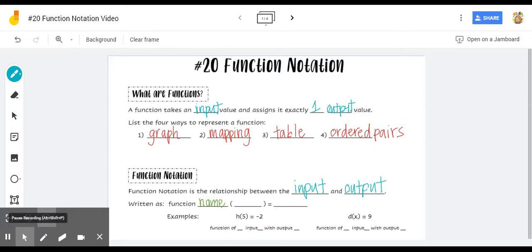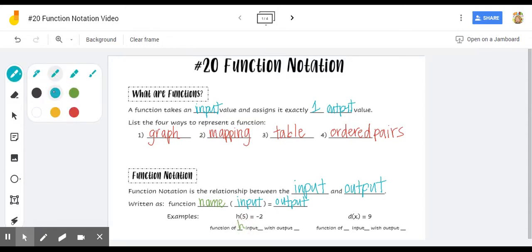So for example, h of 5 equals -2 has a function name of h. The input value is 5, and it has an output of -2.